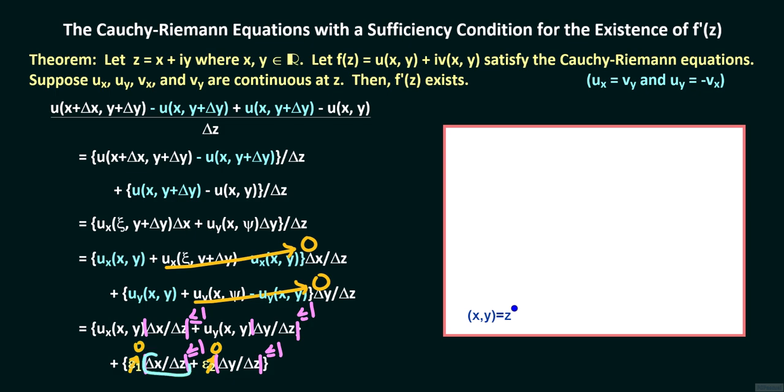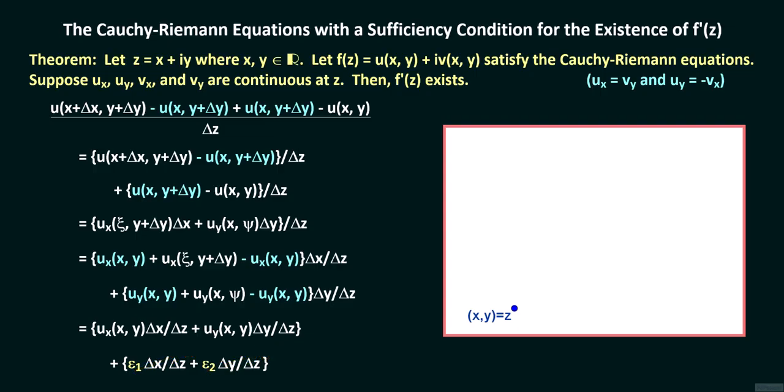Therefore, delta x over delta z and delta y over delta z are both finite complex numbers. Therefore, since epsilon sub 1 and epsilon sub 2 both tend to 0 as delta z tends to 0, epsilon sub 1 times delta x over delta z tends to 0, as does epsilon sub 2 times delta y over delta z.